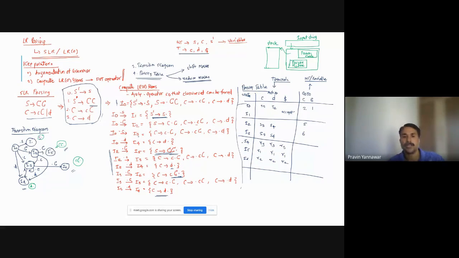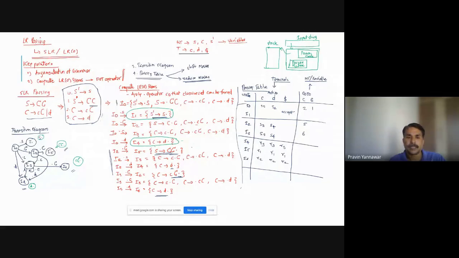So in the case of I4, you need to figure out the reduce moves. I'll just mark it with green. So the reduce moves are these: I4 is a reduce move, then R1 is a reduce move. That is a complete reduce move.